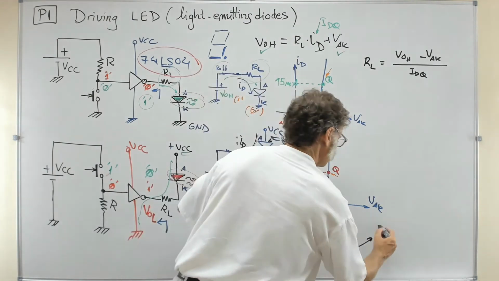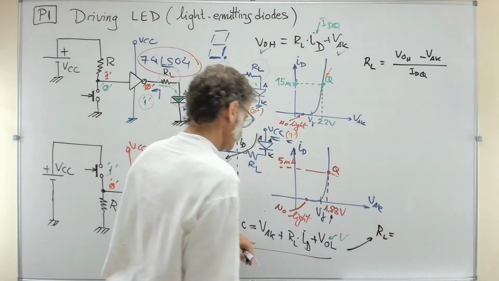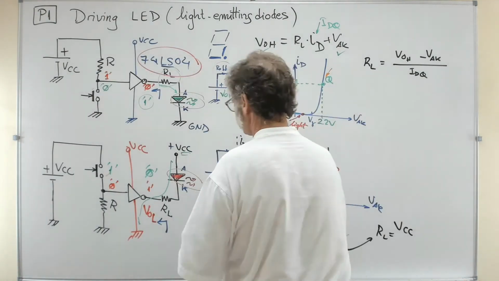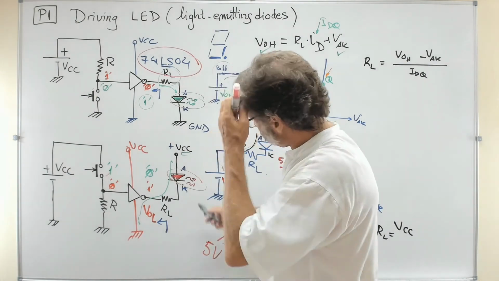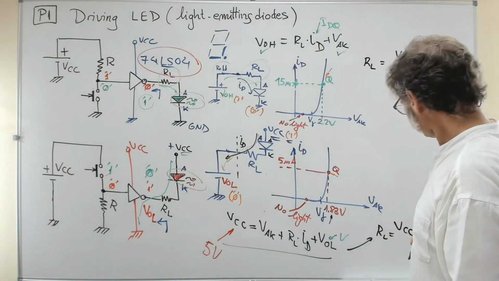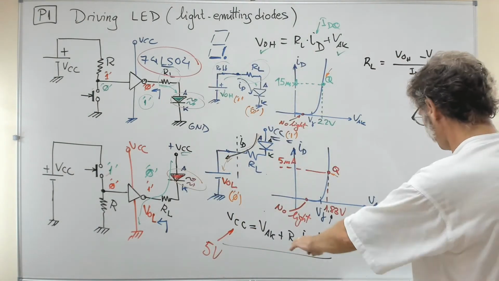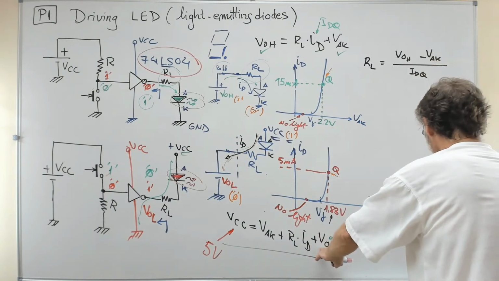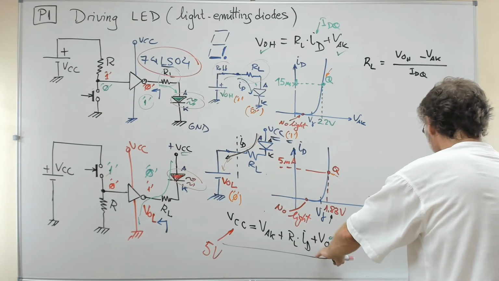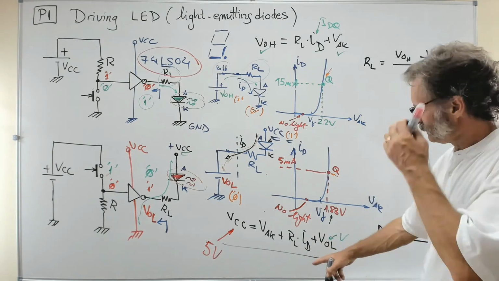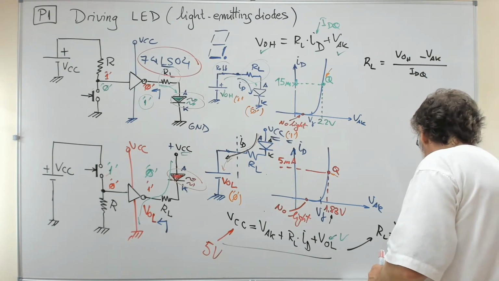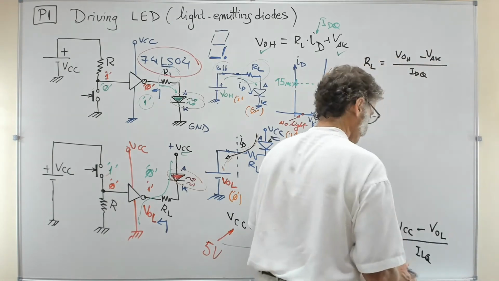The limiting resistor must be what? In this common anode circuit, the limiting resistor must be VCC minus the output voltage low, divided by the IDQ, the current through the LED at the bias point that you like.